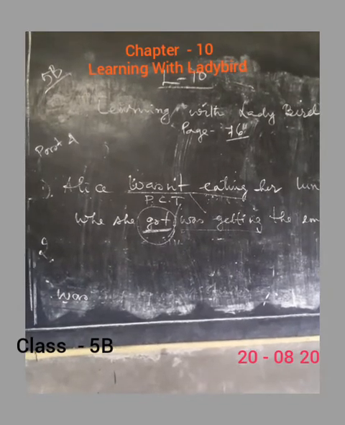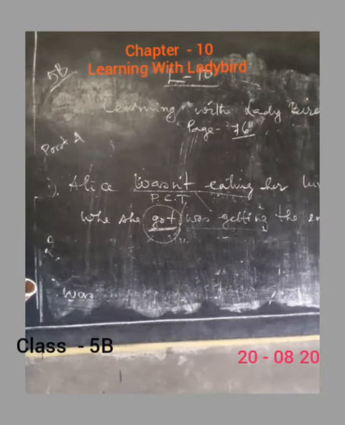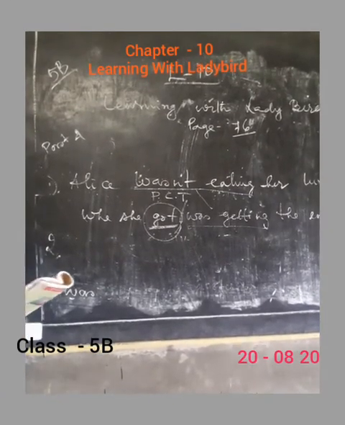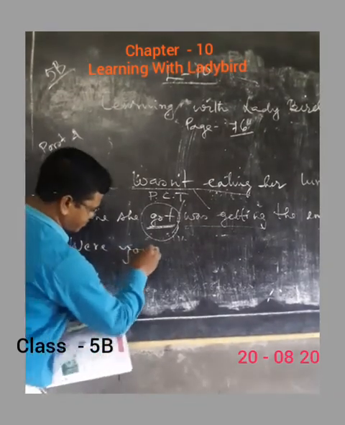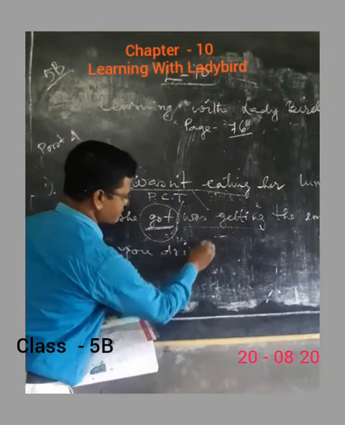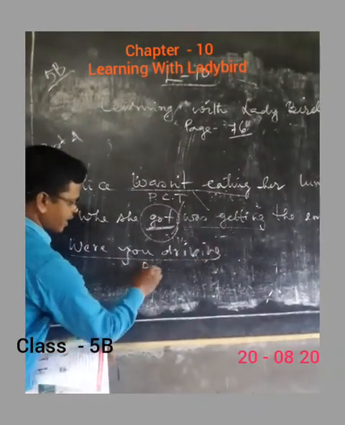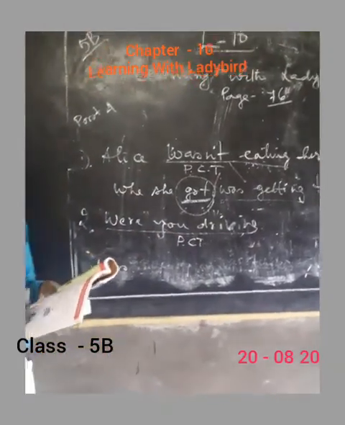Were you driving home when your sister texted or was texting you? So the first one is already there. Were you driving? It is already in which tense? Past continuous tense. So we have to find out the past tense only.